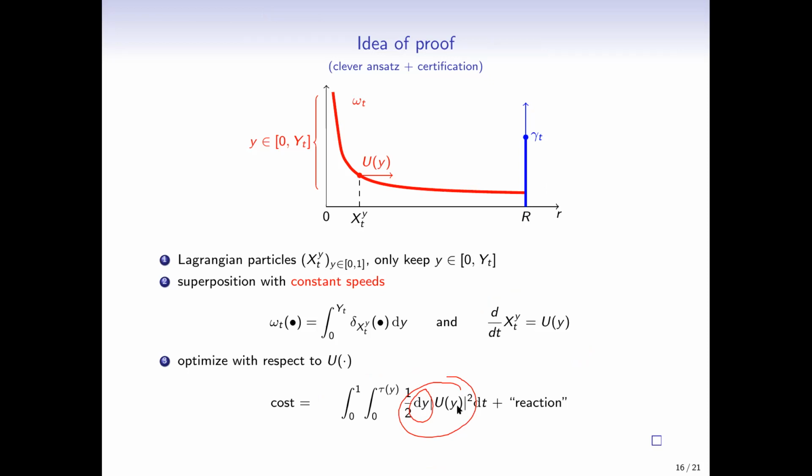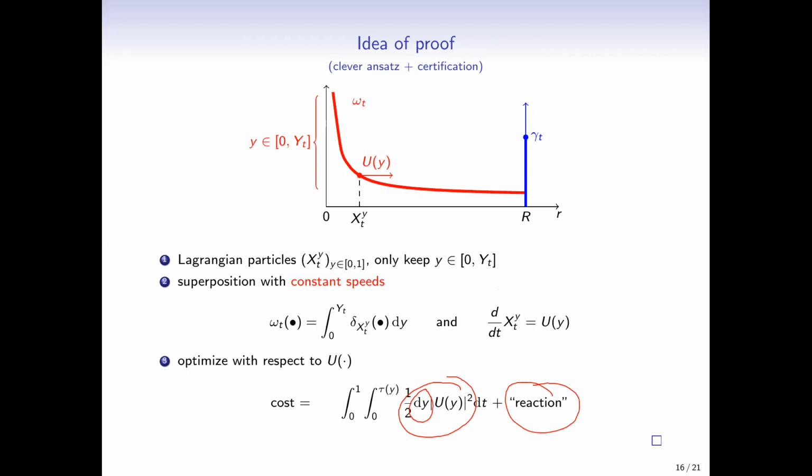Now, this particle reaches the boundary not at time 1, as it would do in classical optimal transport. It reaches the boundary at some time tau that depends on y, which is explicitly determined by the velocity u, right? But this you can compute explicitly as a function of u. And there's also a reaction part that I'm not going to bother writing, but that you can also compute completely explicitly as a functional of u, right?